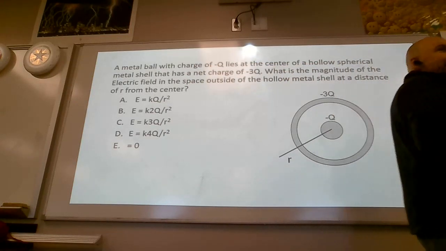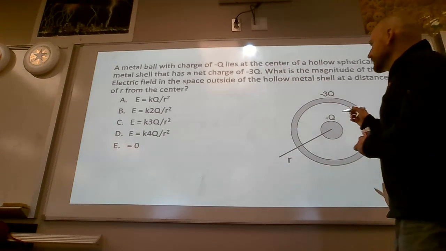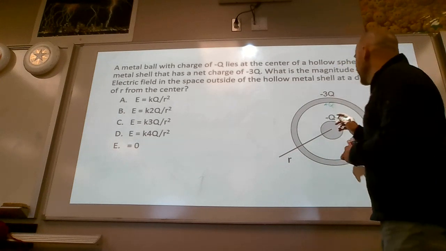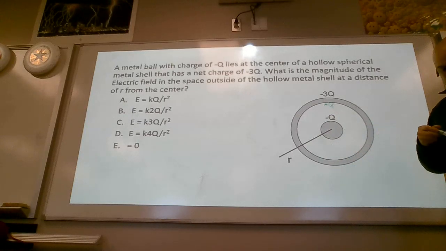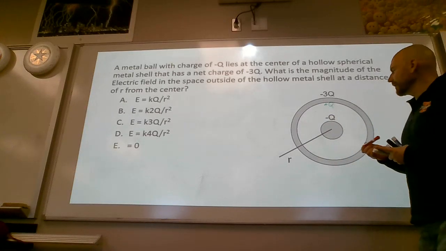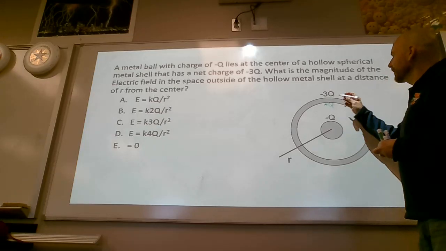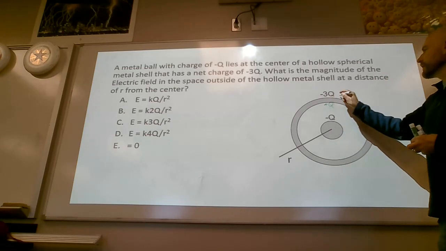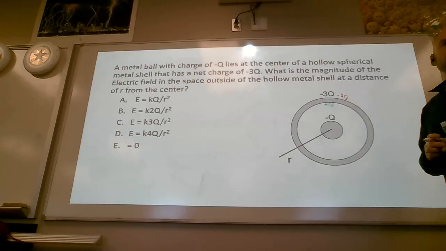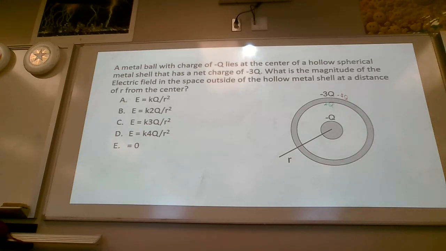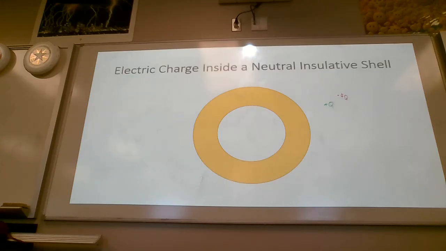Correct answer is D. This becomes plus Q on the inside and on the outside, to make this total -3, this needs to be a -4Q after polarization. And then that behaves like a point charge. Good? Okay. So that was a conductor.